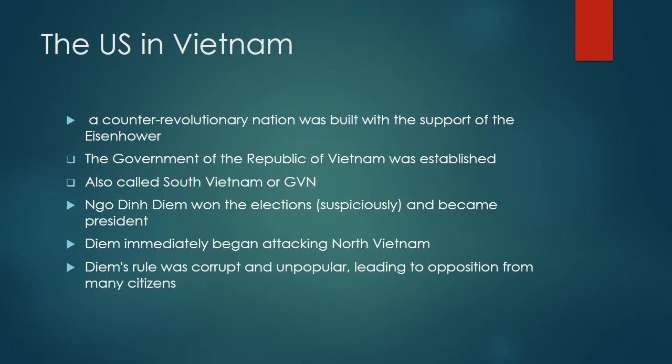So, in our previous lecture we had a very brief discussion about the involvement of the US in Vietnam, and in today's discussion we will have a thorough discussion about the extensive involvement of the US in the Vietnam War.